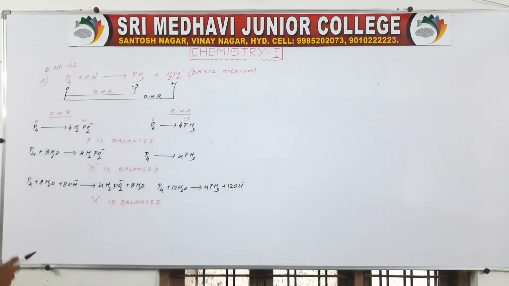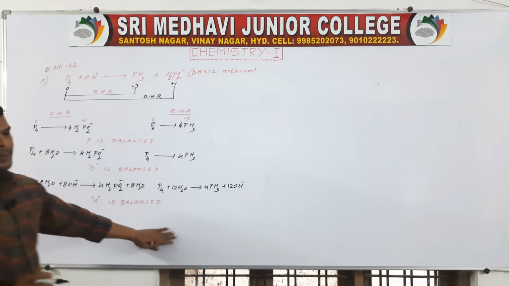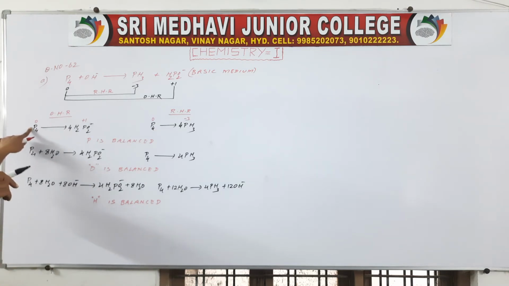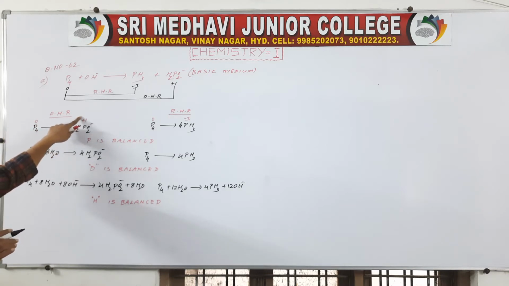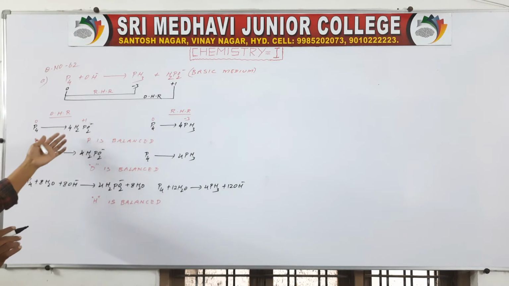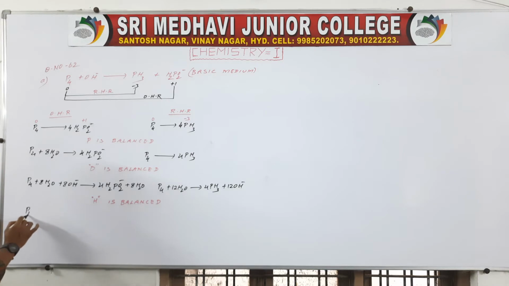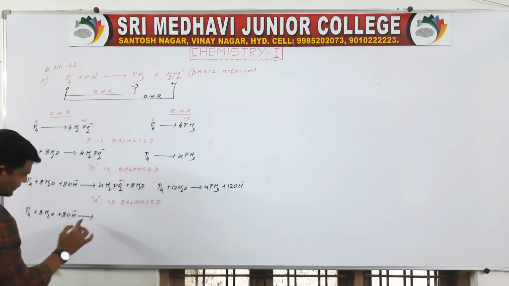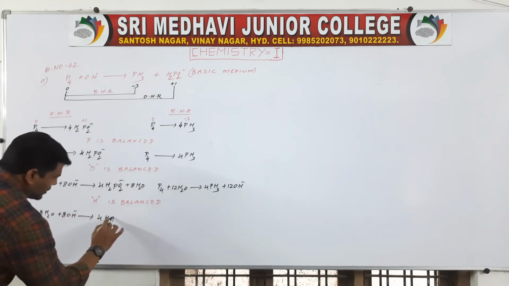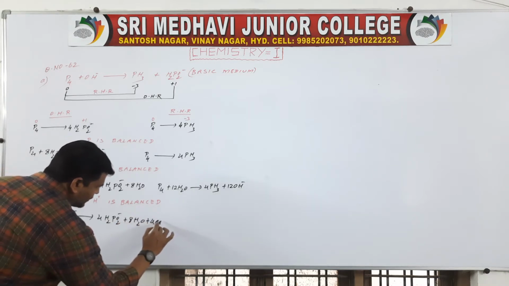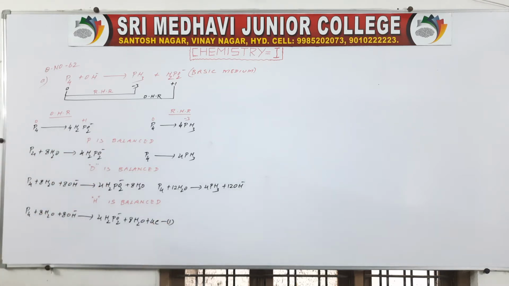Then you have to balance charge. See, 1 phosphorus has oxidation state 0, 4 phosphorus also 0; 1 phosphorus plus 1, 4 phosphorus plus 4. So we have to add 4 electrons on this side. P4 plus 8 H2O plus 8 OH minus gives rise to 4 H2PO2 minus plus 8 H2O plus 4 electrons. It is equation number 1.